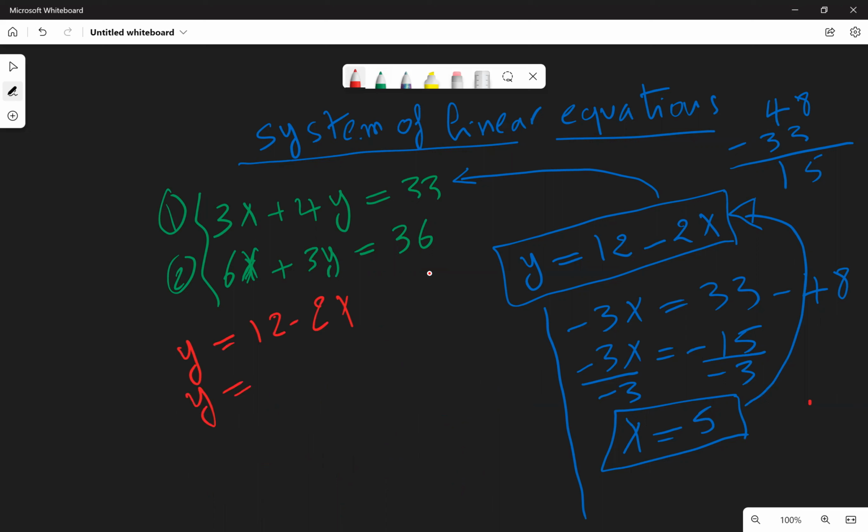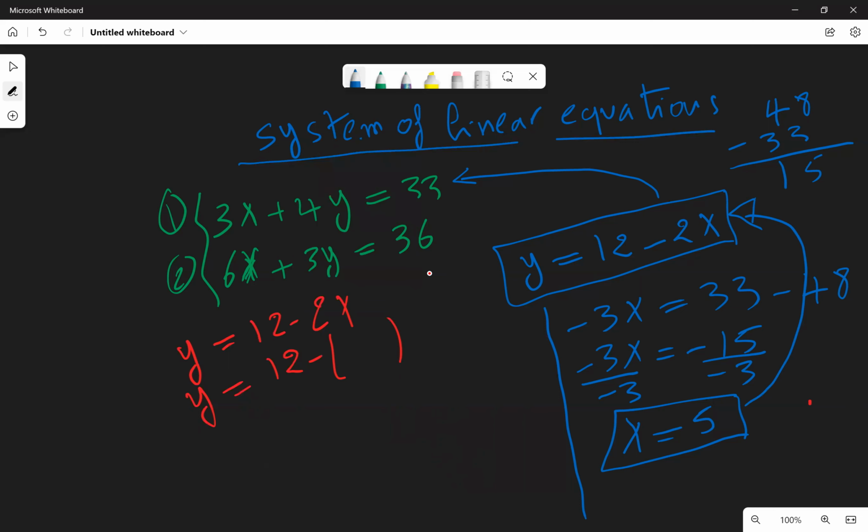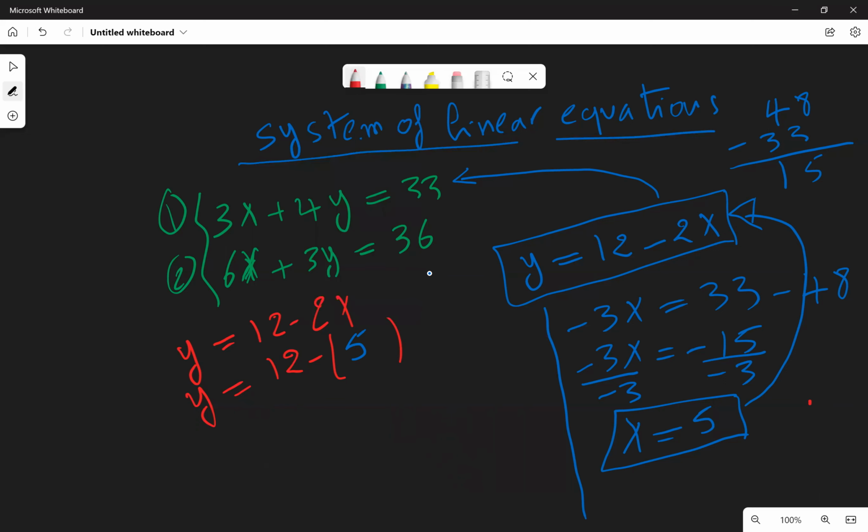So I get 12 minus, let me change the color. So you know that I substituted for x. Oh yeah, don't forget that I have a 2 here. So I have 2 times the value of x. And then I get y equals, so let's simplify. So I get 12 minus 2 times 5, that's a minus 10.